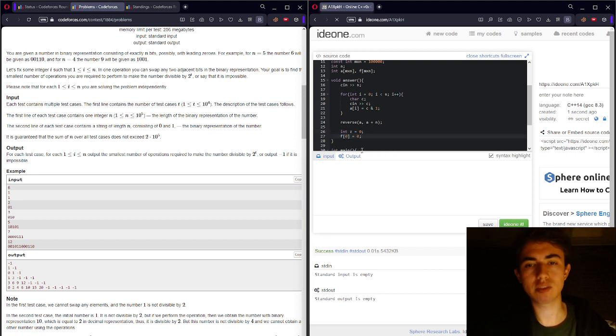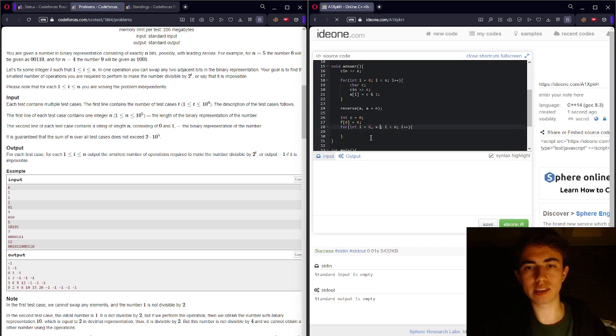And we want to say if it's 0 equals 0. Sure. Now we're going to iterate through the string. We also need to keep track of the sum of one value positions.